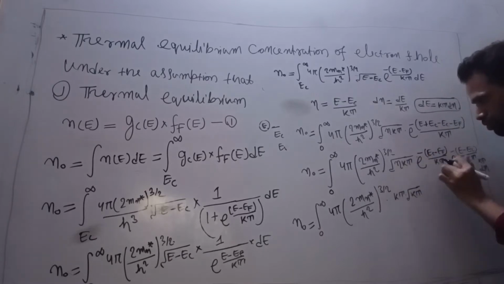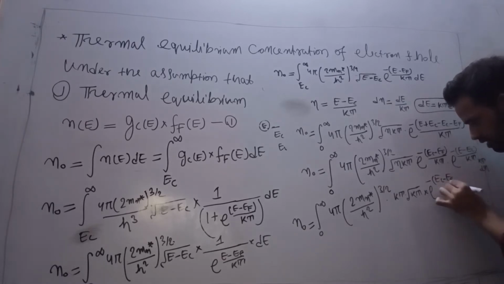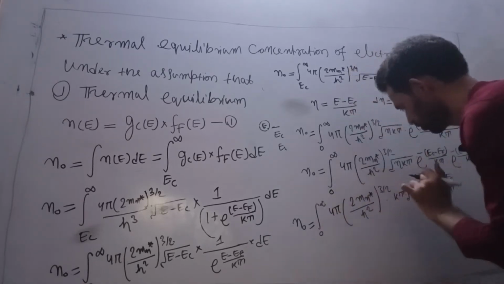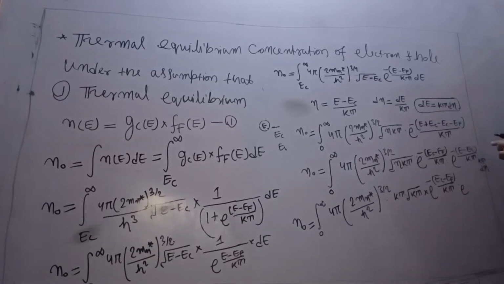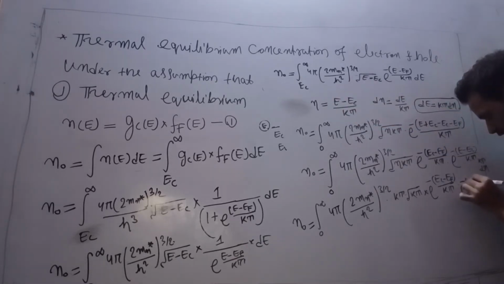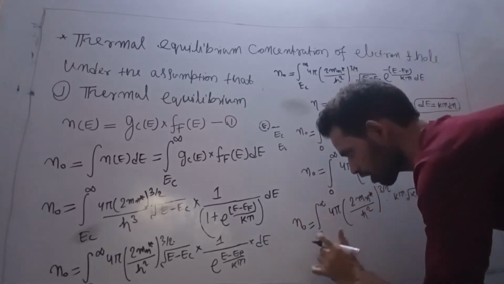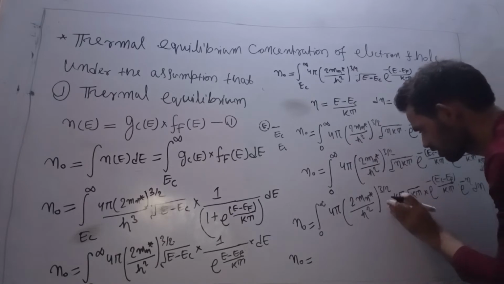Okay, so this is root eta into e to the power minus ec minus ef by kt. And if you see here, e minus ec by kt is how much? Eta. So e to the power minus eta d eta. Whatever constant value is there, take it outside. So now we are taking this whole constant outside.